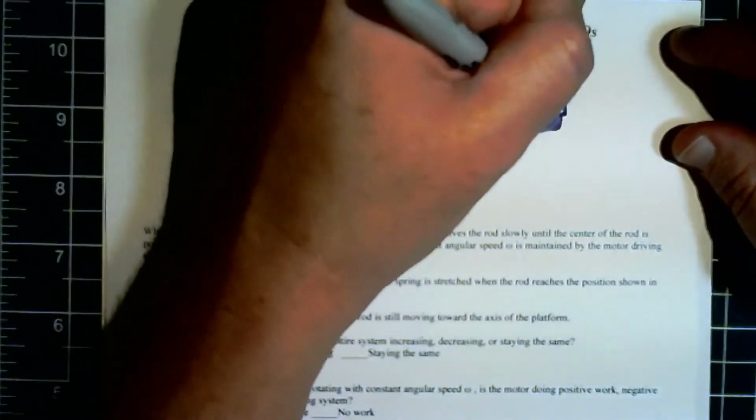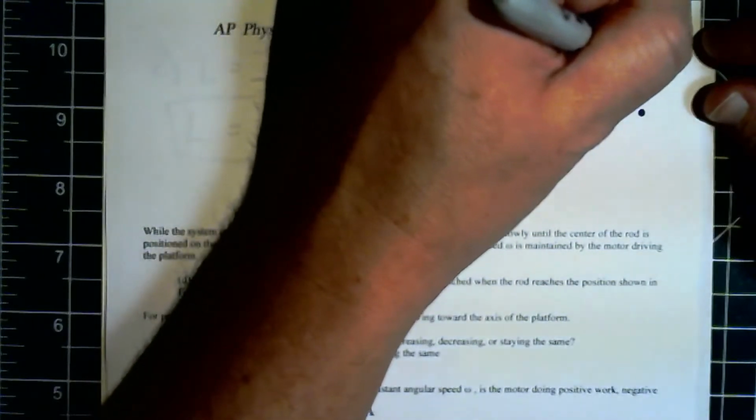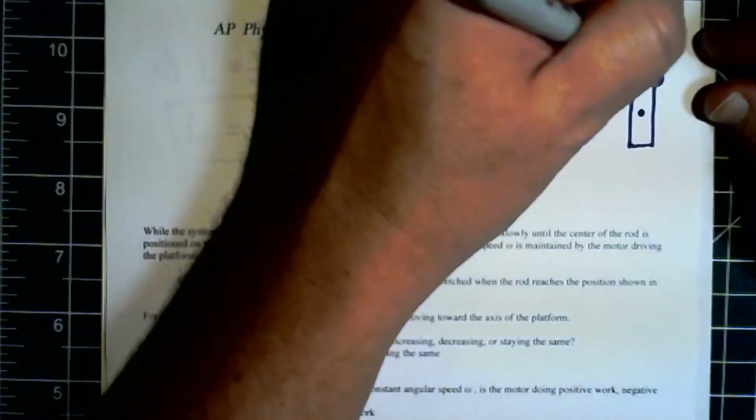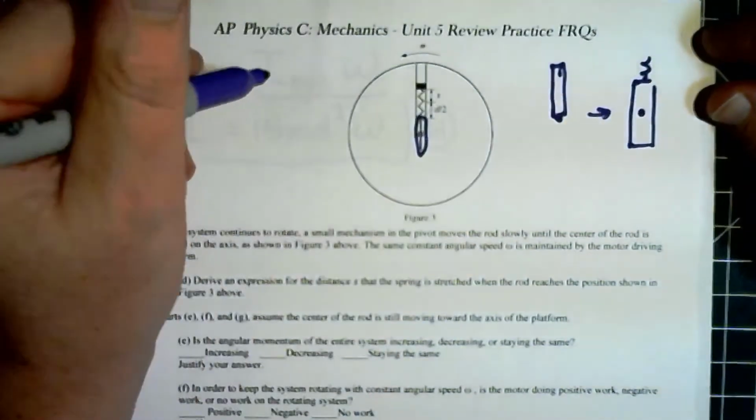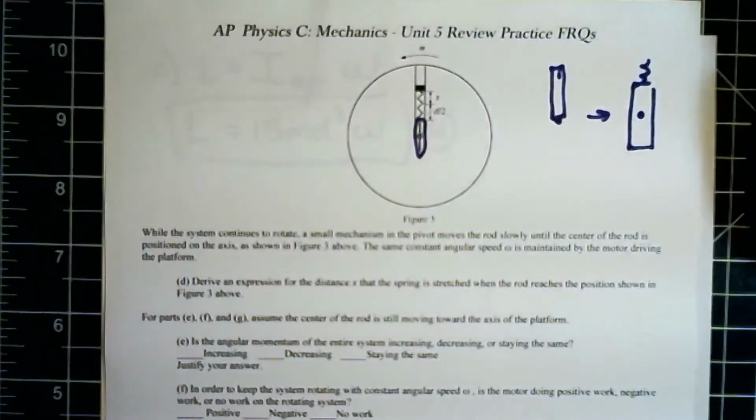Because remember, if this was the rod right here, it was on the end. But now there's some kind of device that's allowed that rod to move to there while maintaining the same speed. And we want to derive an expression for the distance x that the spring is stretched when the rod reaches the new position.